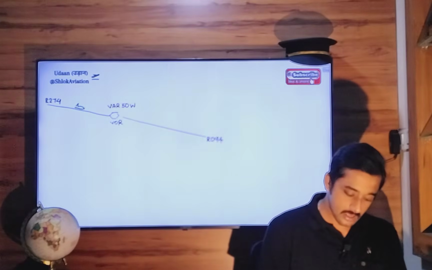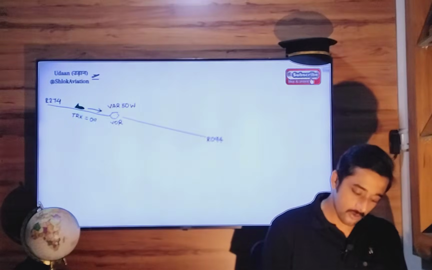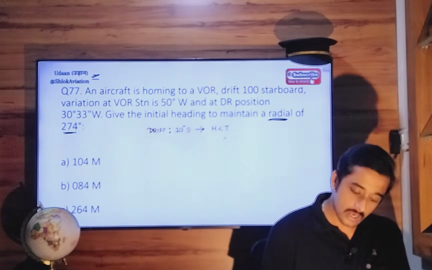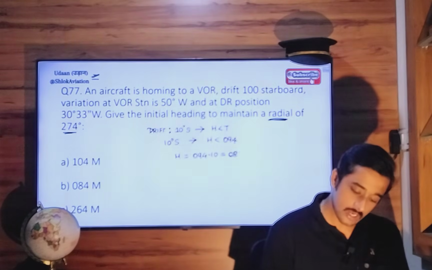Correct? Flying inbound, our track should be 094. Track is 094. Heading should be less than track. So heading will be 094 minus 10, 084.